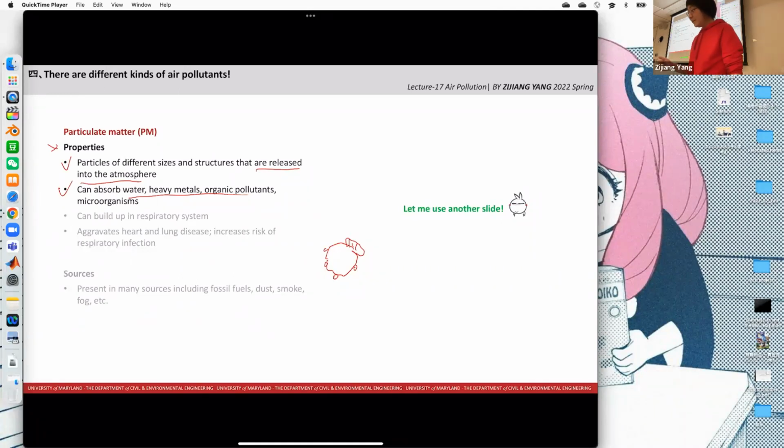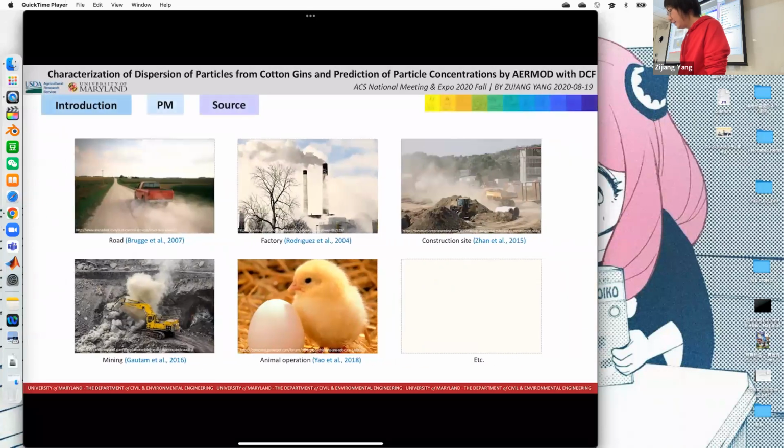And because it has nutrients, the microorganisms are very happy to stay on this surface because they have food. But when this particle is inhaled by human beings, it will release these pollutants in the human body, which is bad. And because I'm doing this research, I just use a slide from one of my talks.